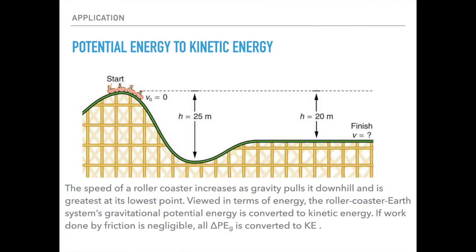Okay, so let's look at this application problem. We have a roller coaster that starts at the first hill, where you chug up to the top on the chain, and then you're released basically from rest.